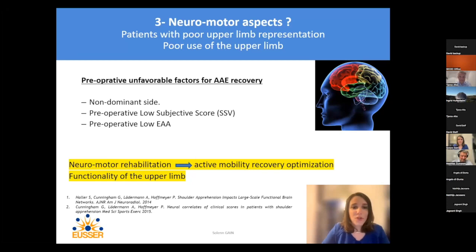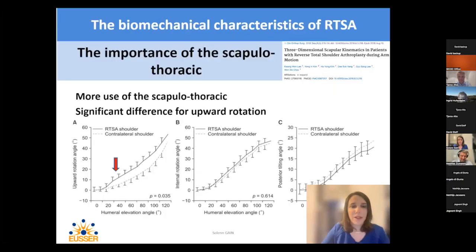The goal of the rehabilitation is to recover the functionality of the upper limb. The biomechanical characteristics of reverse shoulder arthroplasty are very specific. First, there is the importance of the scapulothoracic joint.